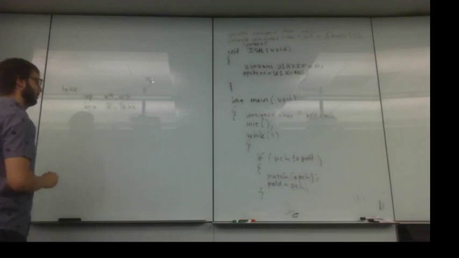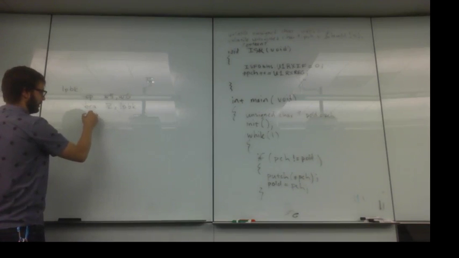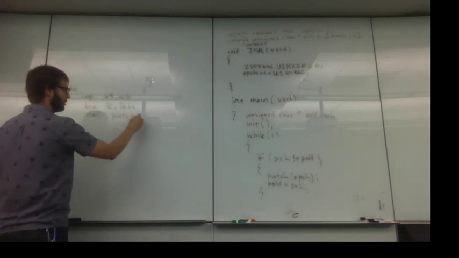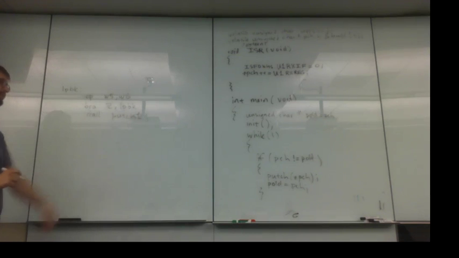And then if they are not equal, then we're going to do our call push one. This is our assembly language push function.